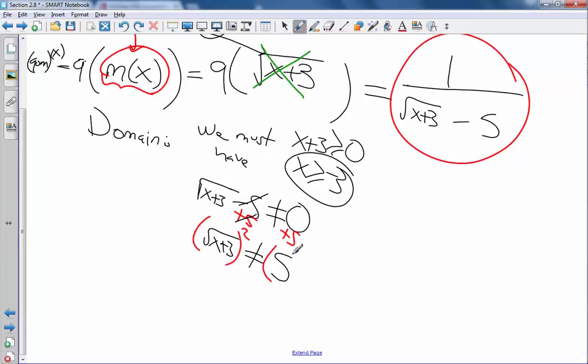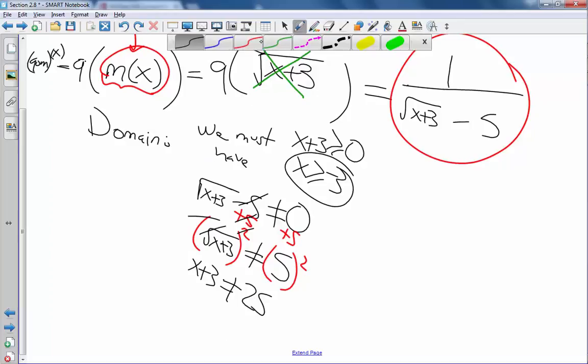That's what I'm doing. X plus 3 must not be 25. And finally, yes, we mustn't have x as 22.